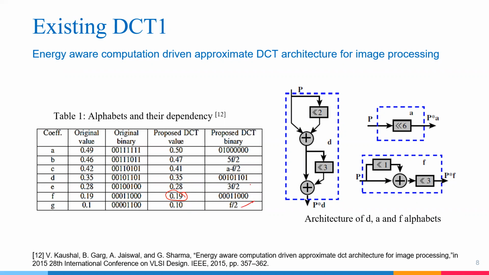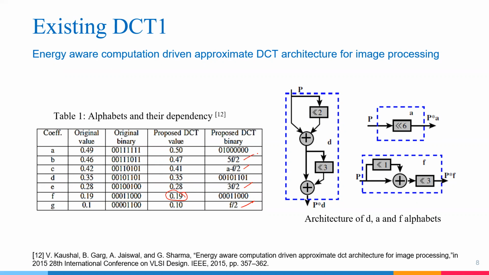G is F by 2, E is 3F by 2, C is A minus F by 2, and B is 5F by 2. This is how they made everything in terms of F by 2. If you compute F by 2, you can implement the rest, and that implementation is shown on the right side of the architecture.